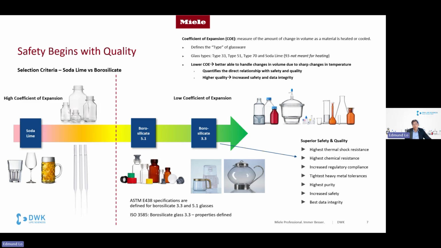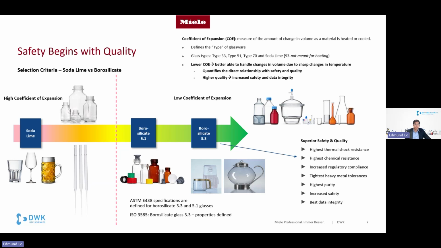Borosilicate glass is available in two classifications, 3.3 and 5.1. And these numbers refer to the borosilicate's coefficient of expansion, or COE for short. So the COE measures how much a material changes in volume when exposed to temperature variations.